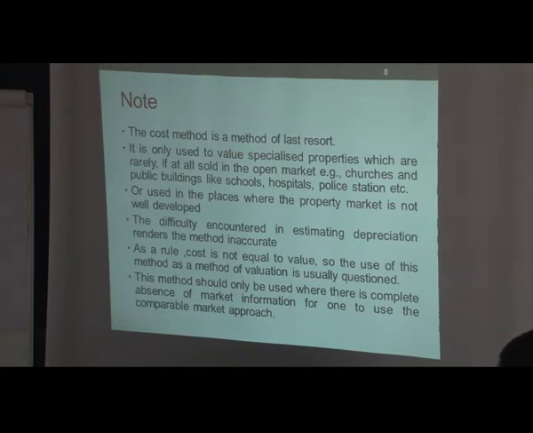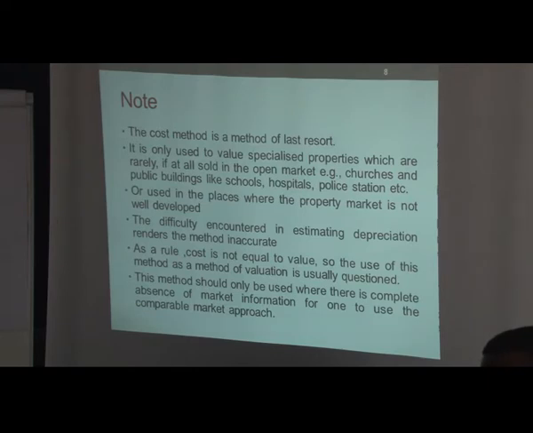One major challenge encountered in using this method is how you estimate depreciation, because it's not possible for any person to be 100% accurate on the amount of depreciation.